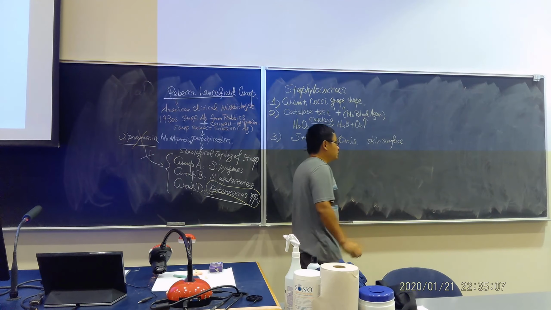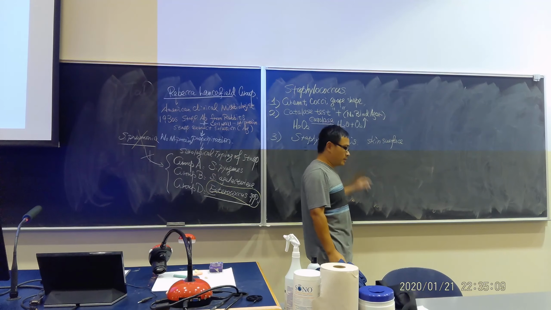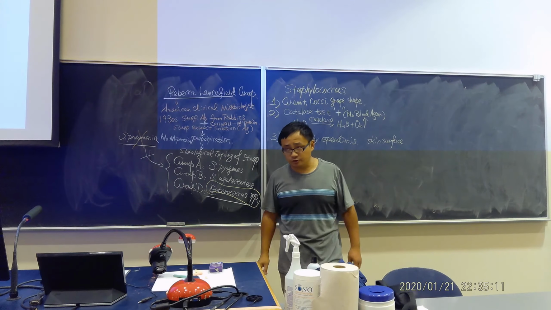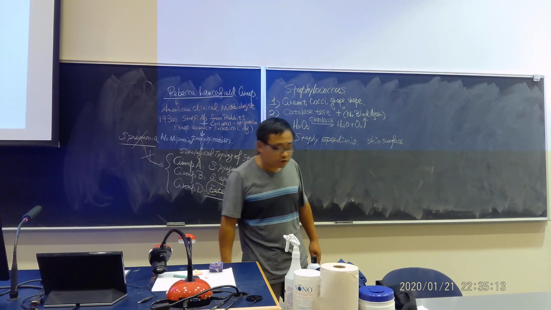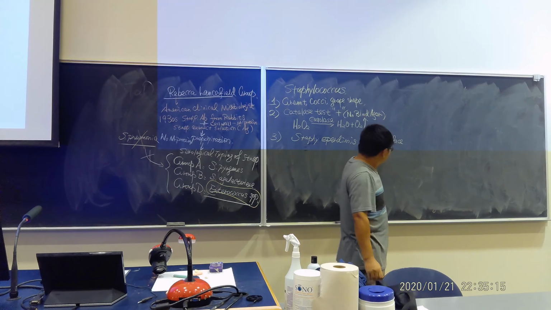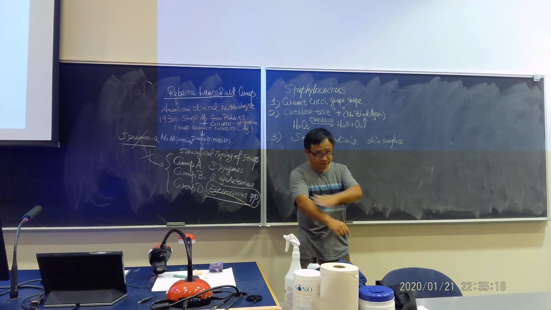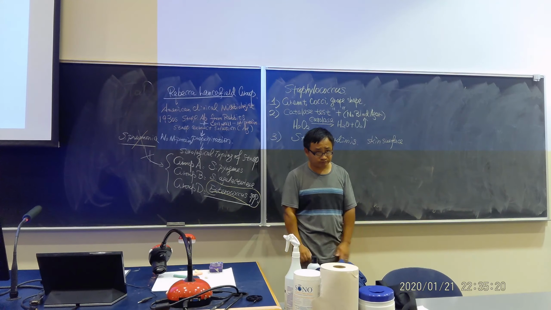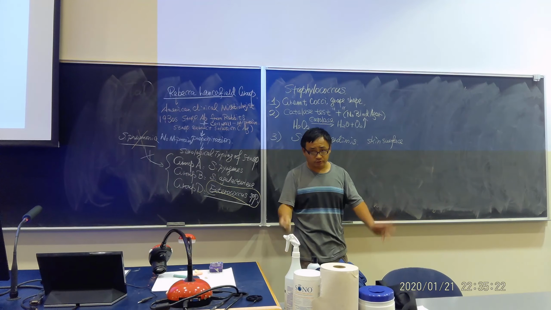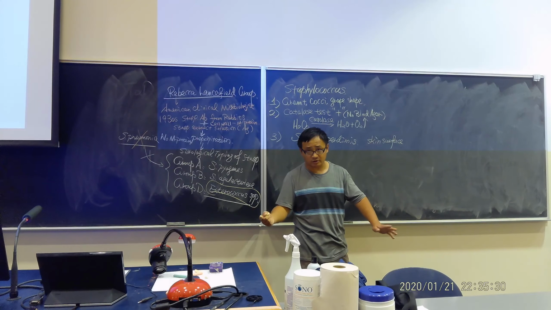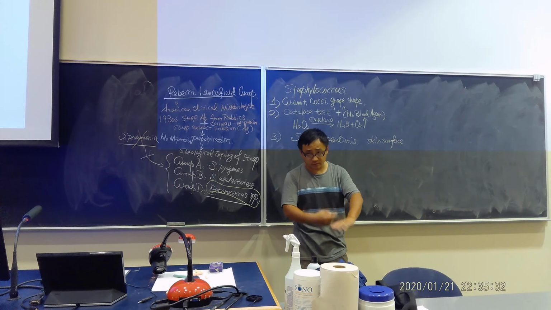Now here is something you need to know. We mentioned Staphylococcus is a little bit like salt. Why? Your skin surface right here could have Staphylococcus. Remember when you go running 100 meters or do some jogging, you're going to sweat, is that right? Then the salts come out.